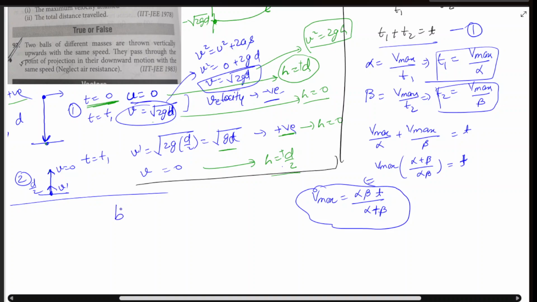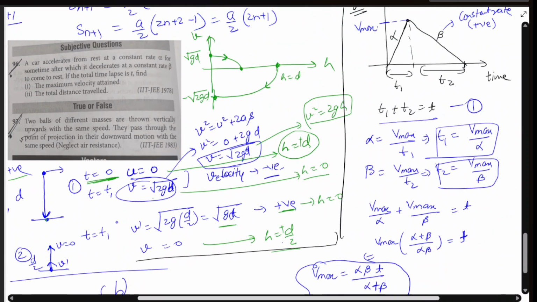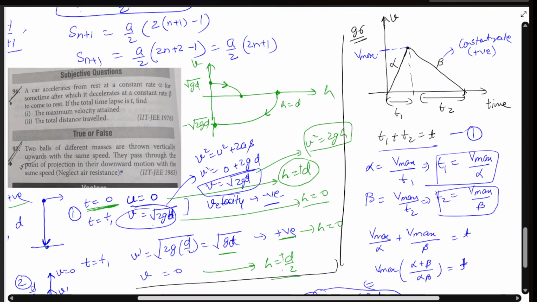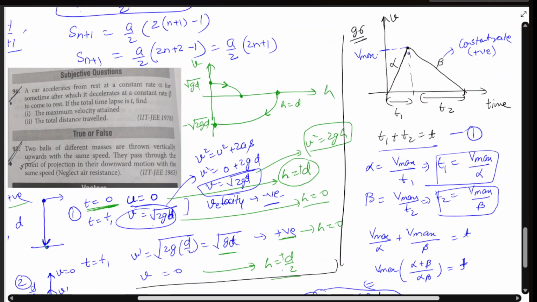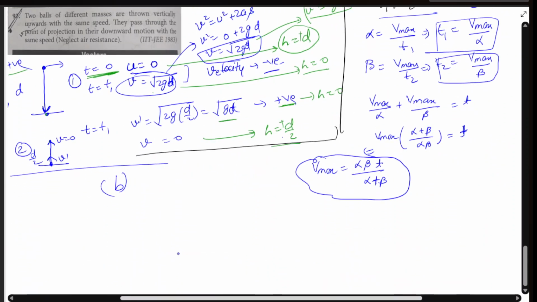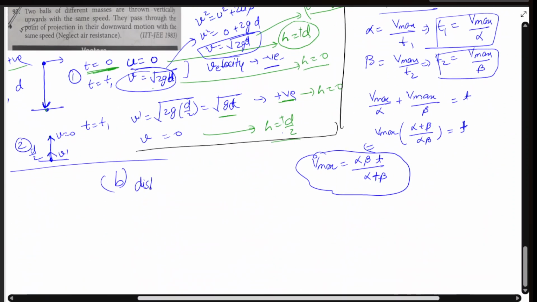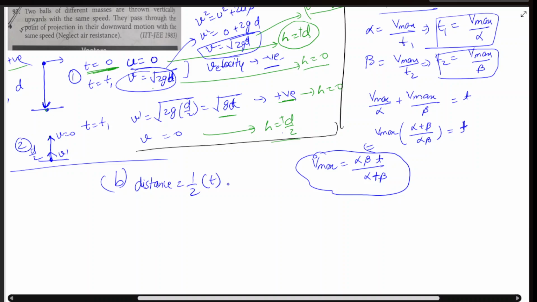The B part is what? B part is total distance traveled. So just I have to find the area. Area will be half base, which is T, and height is Vmax. So this is an easy part. So distance will be half base and height will be Vmax.